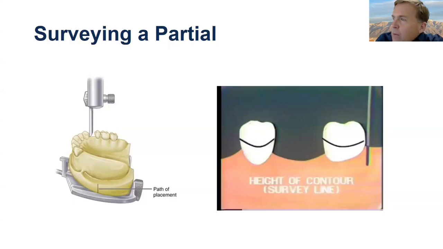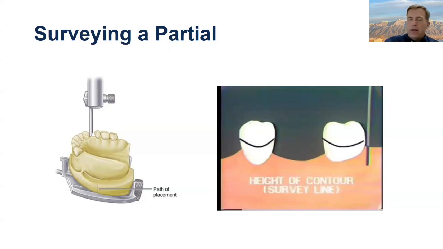So needless to say, with most teeth, there's quite a lot of undercuts that we need to block out. One of the things that took me a while to figure out on this, I'm sure you've probably already thought of this, is that I can't just set the path of insertion any old way to make the undercuts work better. Wherever I set the path of insertion, that's the direction that the patient will actually be taking the partial in and out several times per day.